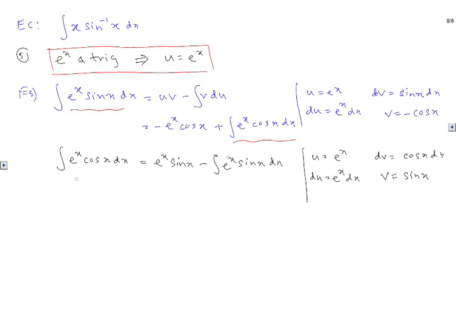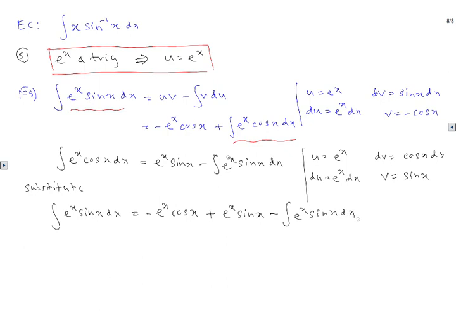So let's substitute. You start with this. So this is the original one, the integral of e^x sine x dx, but we know that this is simply minus e^x cosine x, that's what you get, plus, but when you integrate e^x cosine x, what we get? We get e^x sine x minus the integral of e^x sine x dx, right?